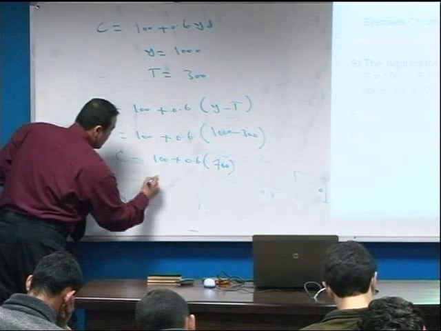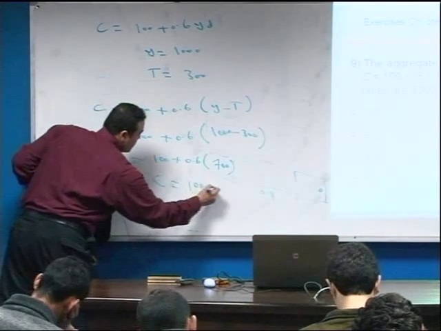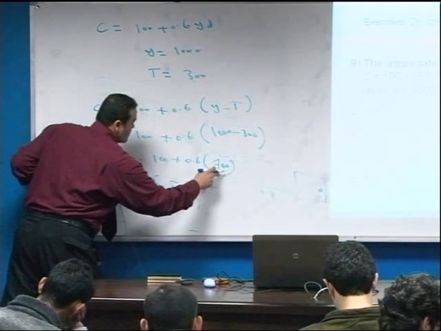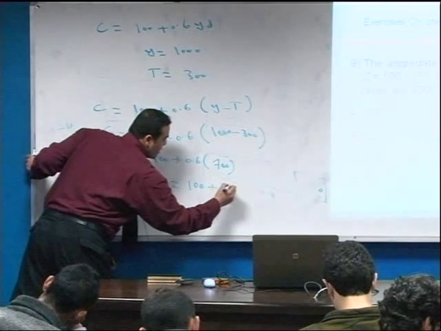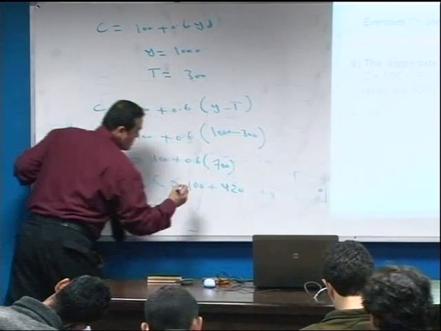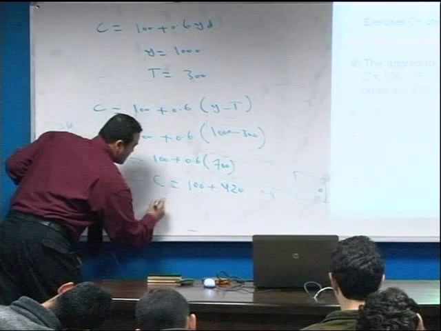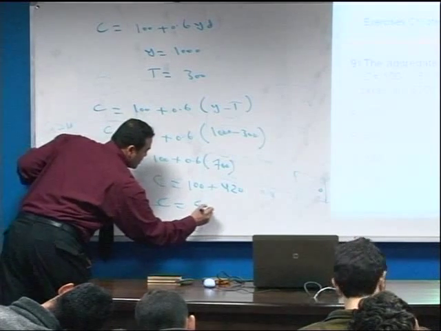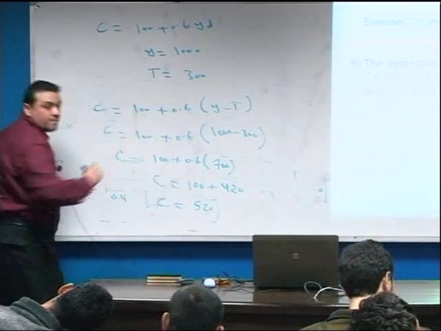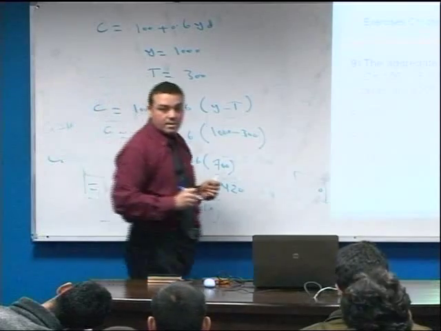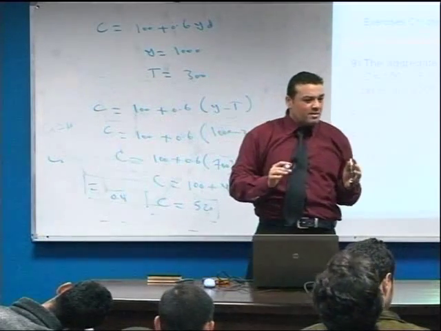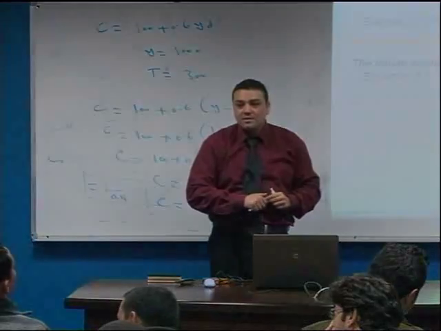So C equals 100 plus 420. So C equals 520. That's it. Right? Difficult? Okay. Thank you.